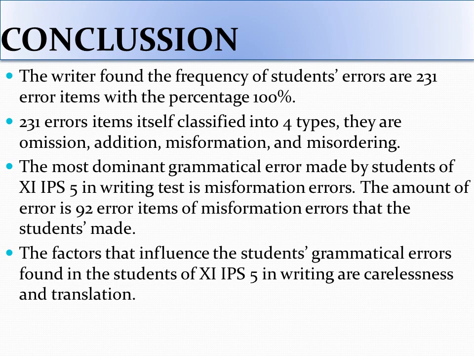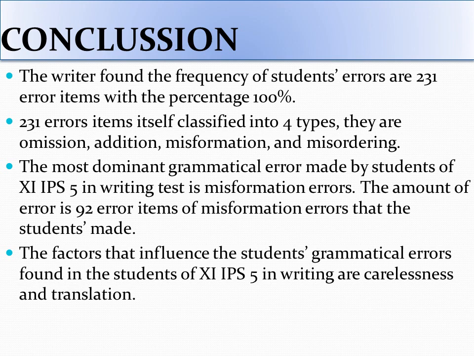So the conclusion of this research are: first, the writer found the frequency of students' errors are 231 error items with the percentage 100%. 231 errors item itself classified into 4 types. They are omission, addition, misformation, and misordering.